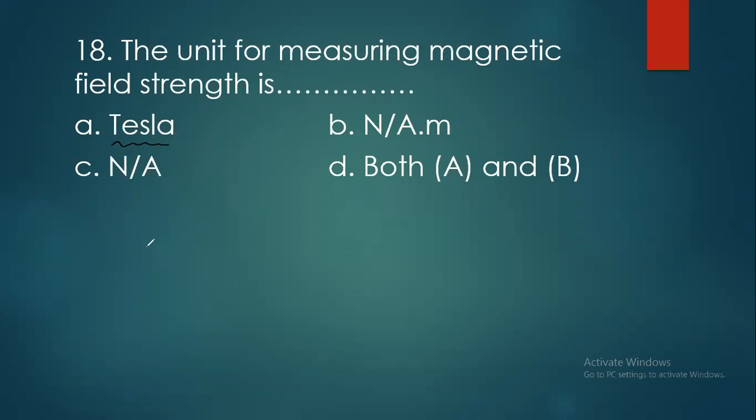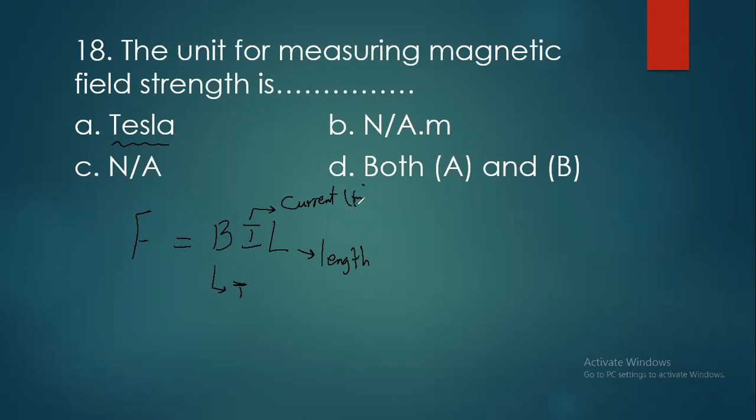For example, if we recall the force applied over a current carrying wire that falls into a magnetic field, it's equal to BIL, where B is the magnetic field strength in Tesla, I stands for the current intensity, L is the length, right? This is in meters.